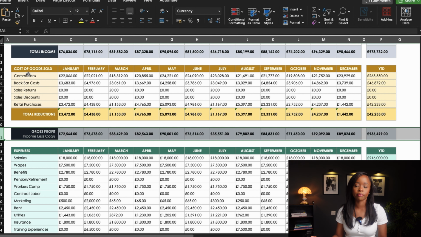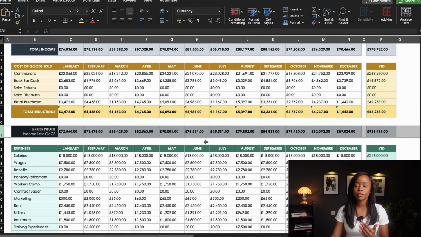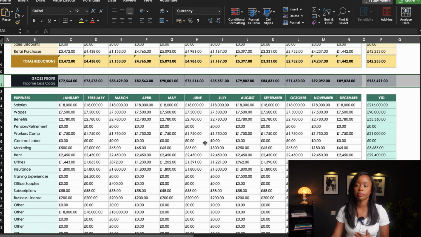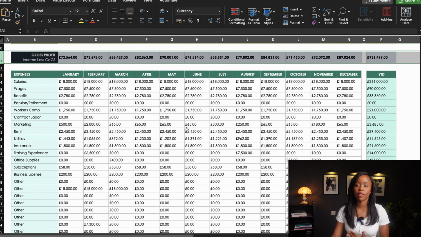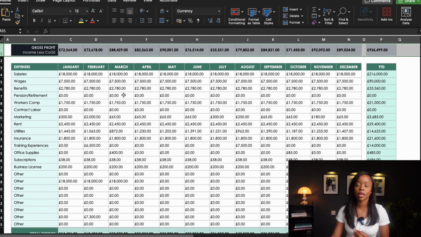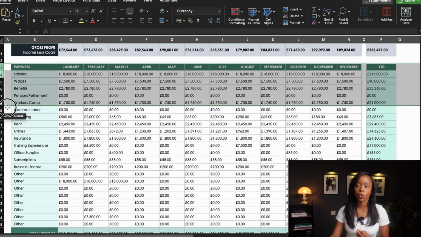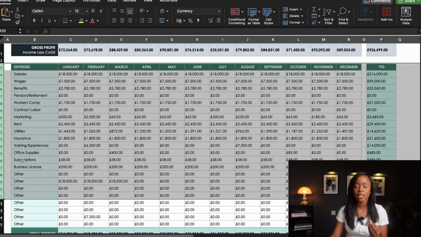So the next section of the profit and loss statement that you want to really understand then is going to be, just like I was saying before, your expenses. Now, this section of the profit and loss statement needs to focus on the expenses that are attributable to running your business. Sometimes you might hear people refer to this as the operational expenses of running that business.